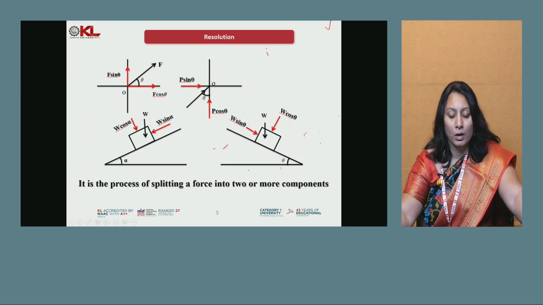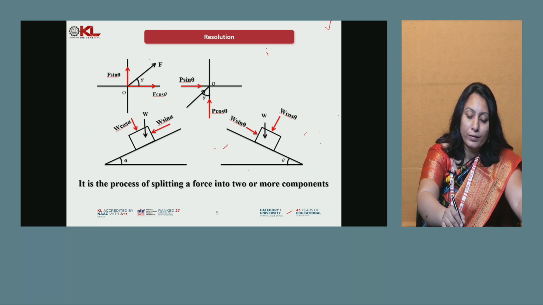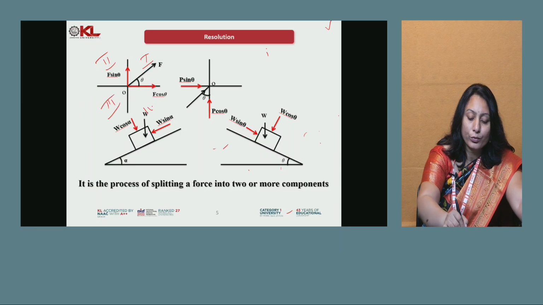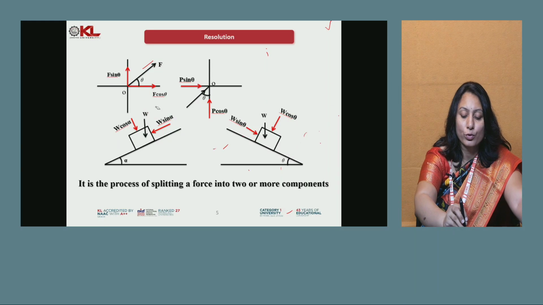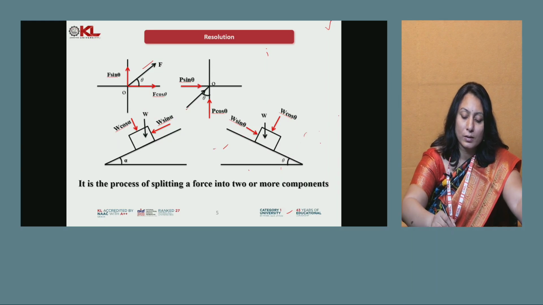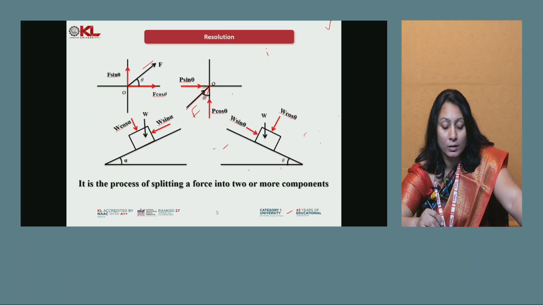Okay, and there are various diagrams shown here, and we already know this is the first quadrant, second quadrant, third quadrant, and fourth quadrant. Based on the quadrants, the direction of forces is showcased. In this, the direction of force is in this direction, so it is resolved as such, and another important thing is the place of theta is very important.